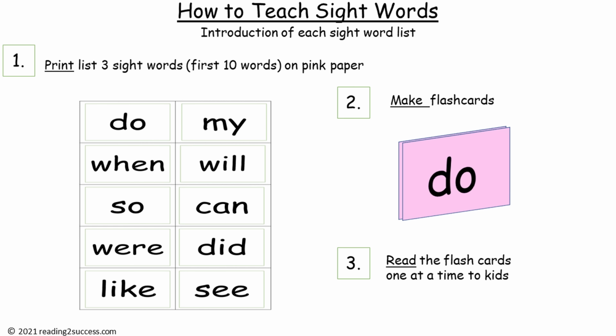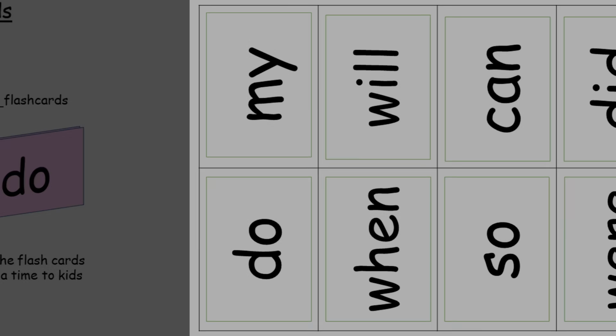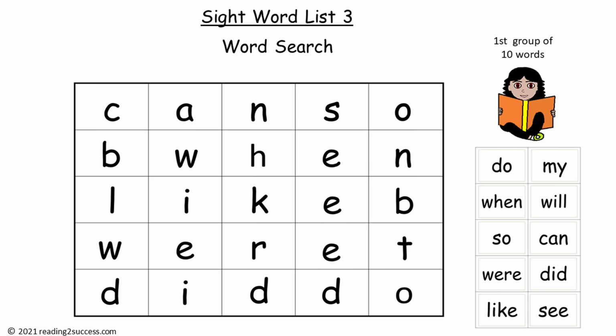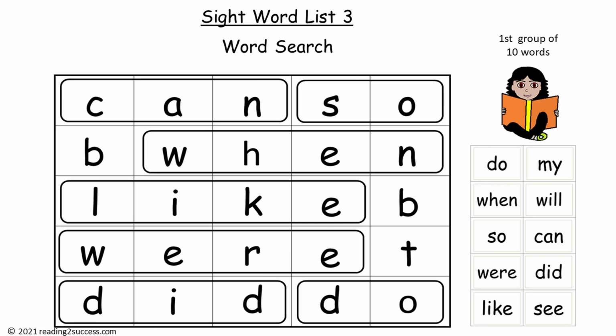Print list 3 words, first 10 words on pink paper, make flashcards, and then read the flashcards one at a time to kids. This is the template for the flashcards. Word search practice page and the completed example.